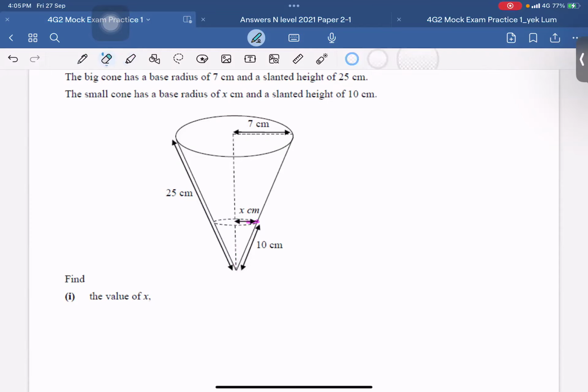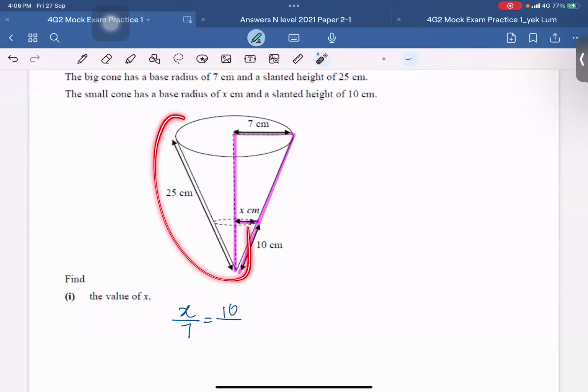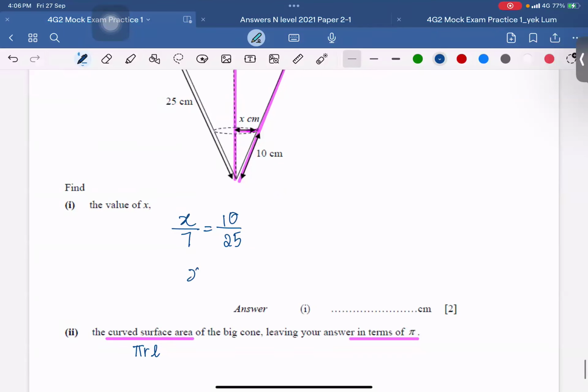So if I want to find x over here, the radius, I'll take the ratio, the small over the big, which is x over 7 equals the small slant height, that will be 10, over the bigger slant height, which is 25. So using similar triangles, you can find your radius x to be 2.8.